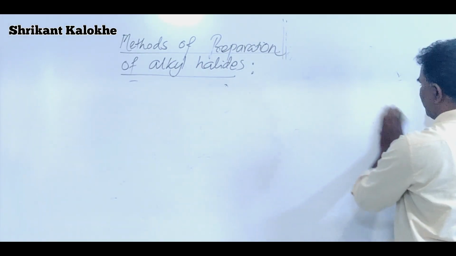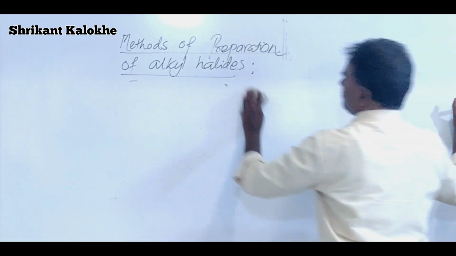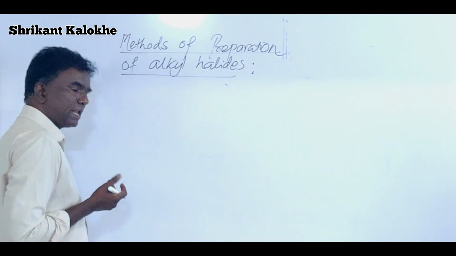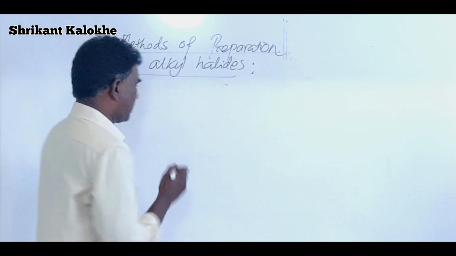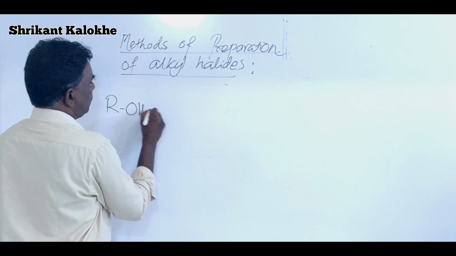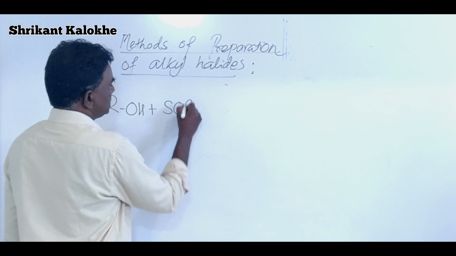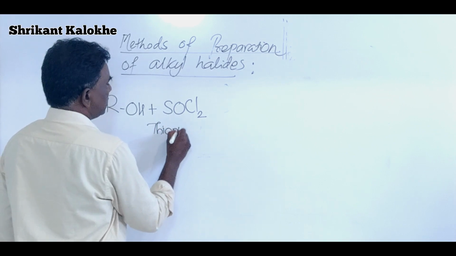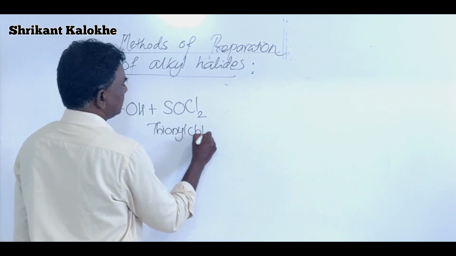In the same manner, we will take alcohol and treat it with sulfonyl chloride, or we can call it thionyl chloride. Again, alcohol is treated with SOCl2. SOCl2 is known as thionyl chloride.